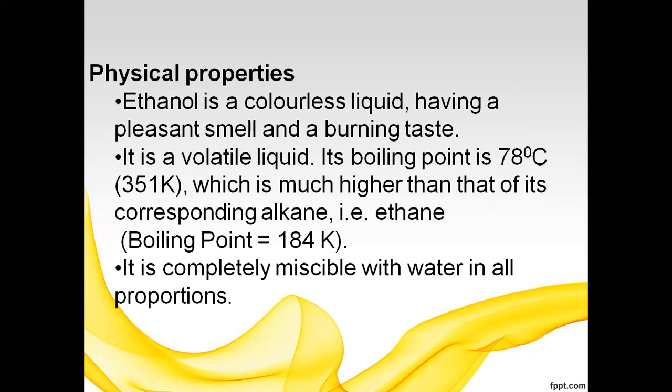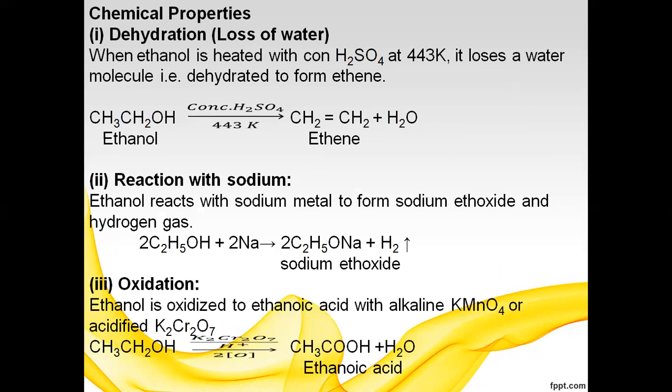So next is chemical properties. Dehydration, that is loss of water. When ethanol is heated with concentrated H2SO4 at 443 Kelvin, it loses a water molecule, that is, it is dehydrated to form ethene. So we take ethanol and heat it to 443 Kelvin with concentrated H2SO4.